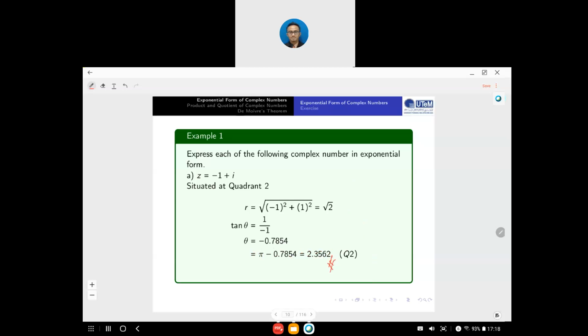Make sure you kena tengok because your calculator always given the angle which attach the x-axis ni. So dia akan bagi mana? This one, this one, this one, or this one. This one is the value given by your calculator. But we want to find the value start from 0 x-axis until this one.